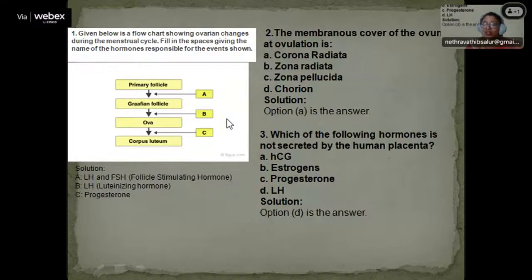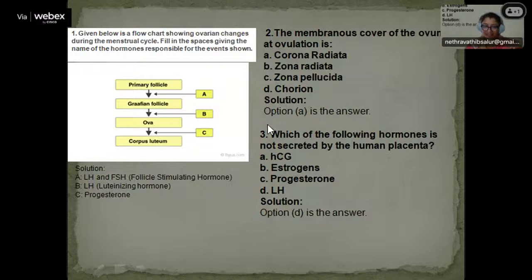So LH hormone will help the egg to come out of the Graafian follicle, and then you have the corpus luteum. The corpus luteum will produce a hormone called progesterone, and this progesterone will take care of the 9 months pregnancy. Okay, so the answer is LH and FSH in A, in B it is only LH, and in C it is progesterone.